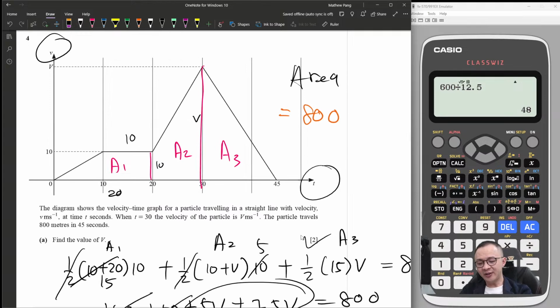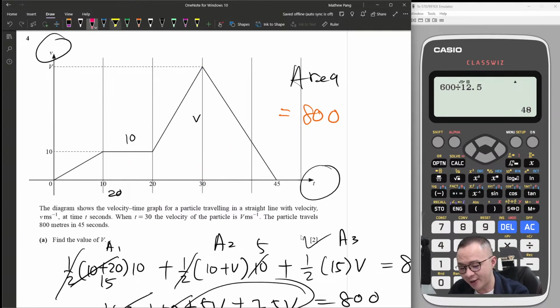So 35 is basically somewhere here, isn't it? This is 40, I believe. So 35 will be somewhere here. And if you look carefully, this gradient is constant, because it is a straight line.